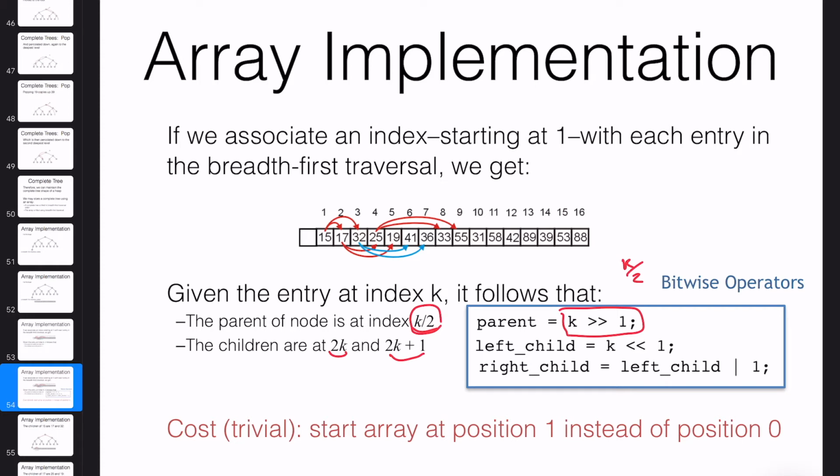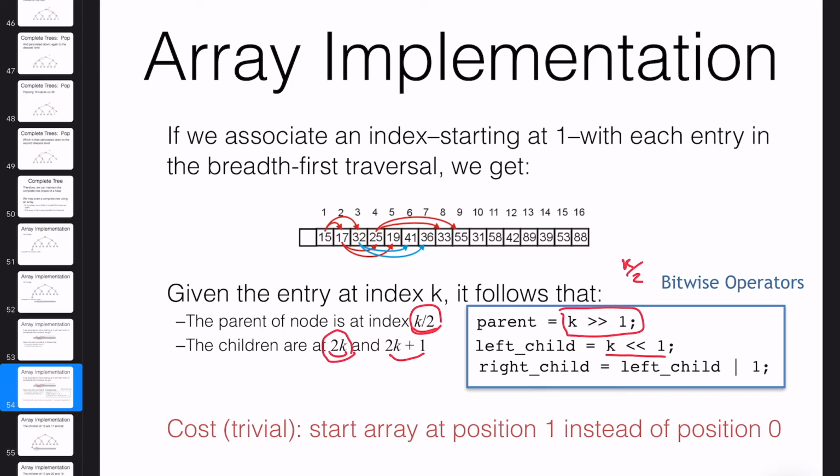To implement multiplying by 2, you can shift k to the left by just 1 bit. I think you are familiar with the bitwise operators. If not, please search online. It will show you how the bitwise operators shift the bits in memory: if you shift to the left, you are making the value bigger; if you shift to the right, you are dividing the value.